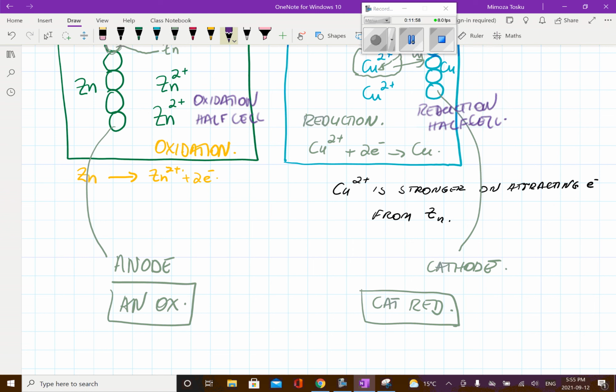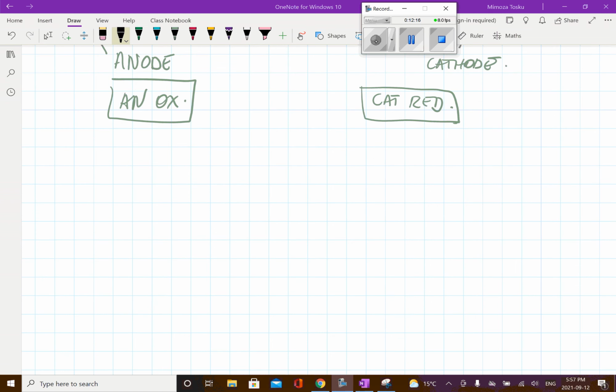So oxidation is anode, and this part of the cell is called the oxidation half cell, and reduction is cathode, and this part of the cell is called the reduction half cell.